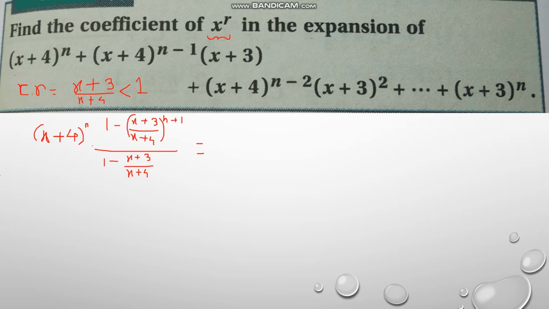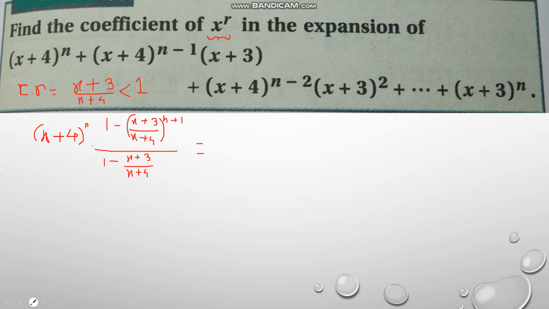Cancelling those, x plus 4 to the power n remains in the denominator, which again gets cancelled with this term. In the denominator there will remain x plus 4 minus x plus 3, which will be 1. So this term will also not remain.